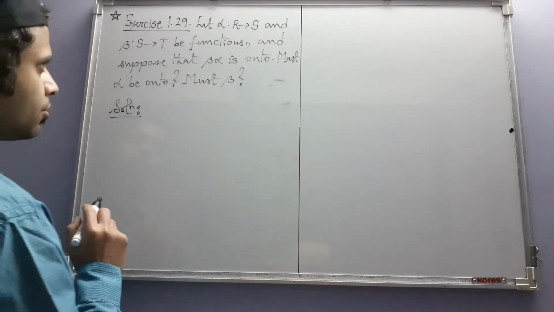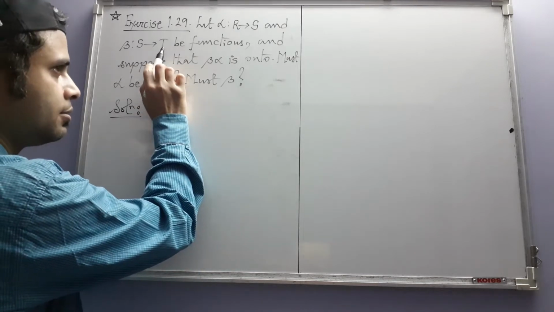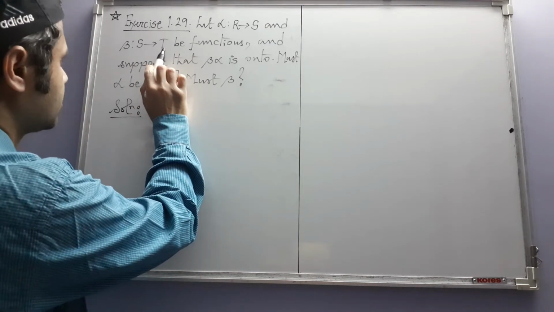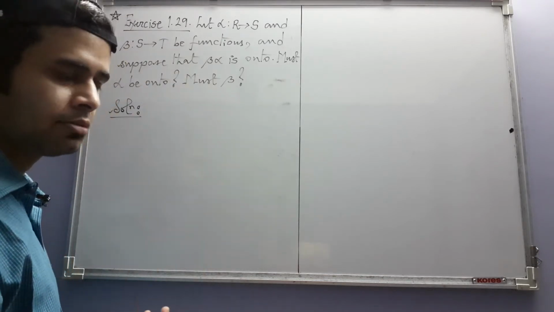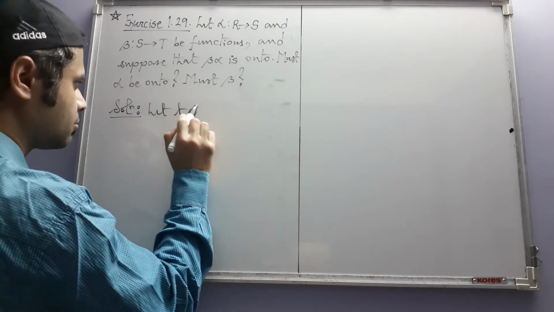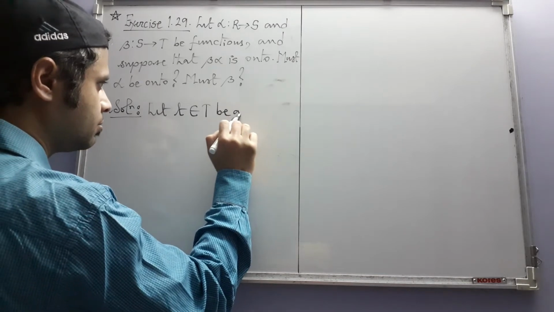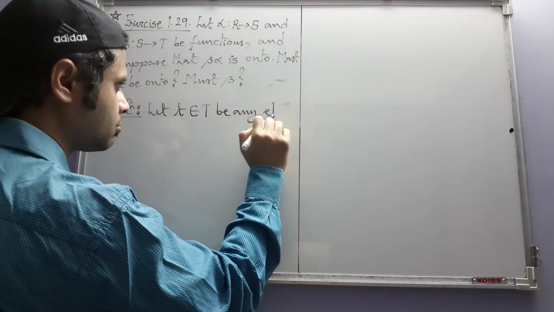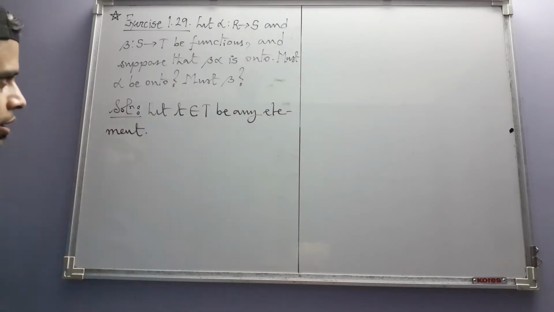So to prove ontoness of beta, we have to choose any element here in this set T and show that that element has an inverse image under the function beta. So let t belonging to T be any element.